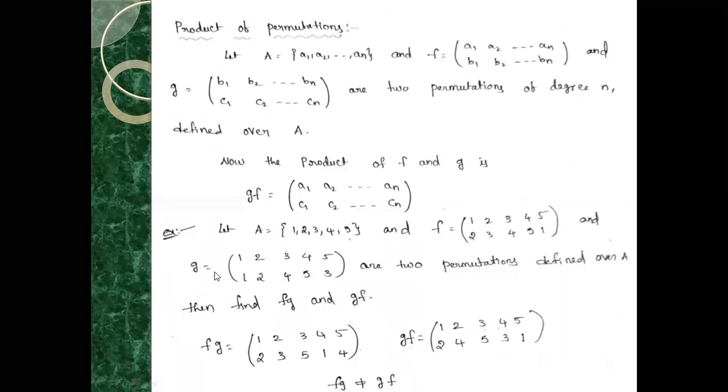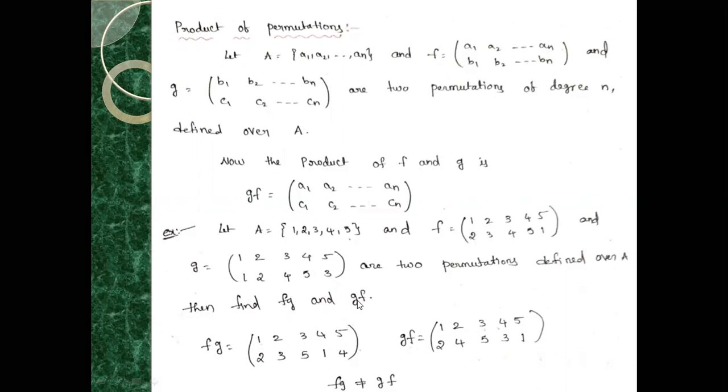And G is a permutation: 1 to 1, 2 to 2, 3 to 4, 4 to 5, 5 to 3. These are two permutations defined over A. Then find FG and GF.